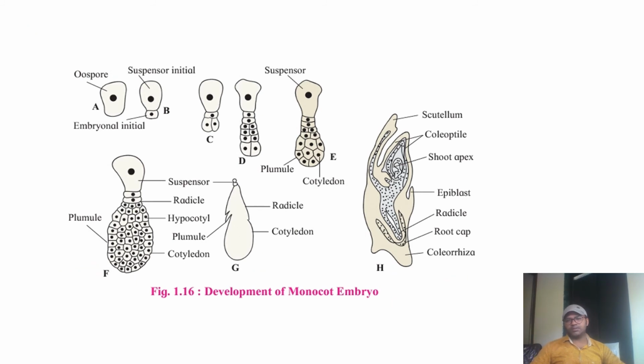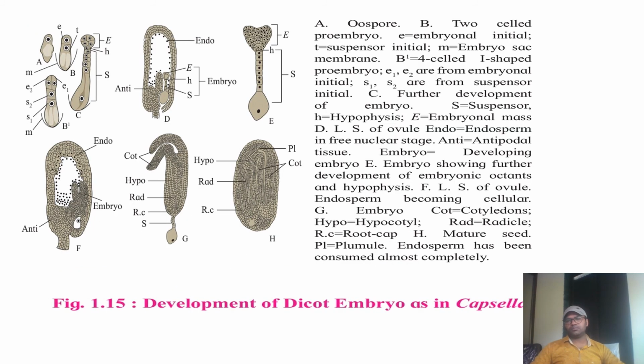Let us see in the diagram. Here you can see the larger one, which is called the suspensor cell. This one is called the embryonal initial. This one is the suspensor.